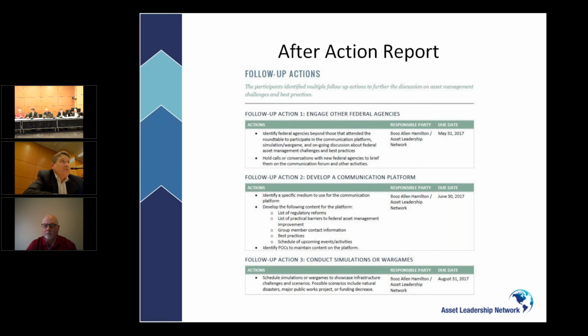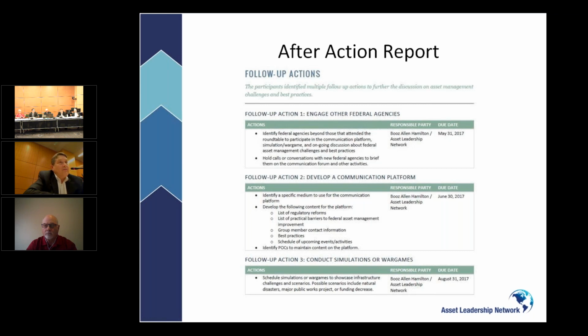And the last action I'll just underscore there was conduct a simulation or a war game. There was definitely a discussion at the end. Where do we have some common challenges, and how can we use simulations, tabletop exercises, or maybe even more formal war games?